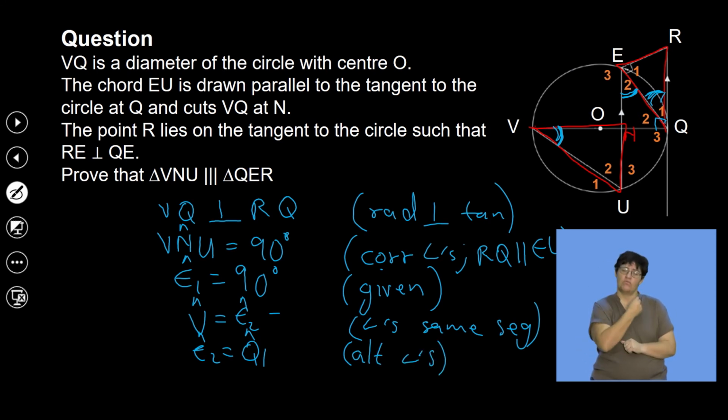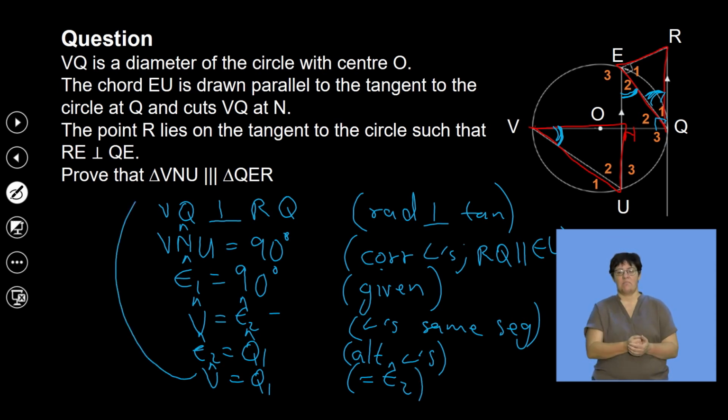I hope you are enjoying it as much as I am. And then because of that, I can claim that V is equal to Q1, and the reason for that is both of them are equal to E2. And then you can claim that the two triangles are similar after talking about the third angle that is equal, and then your reason will be angle, angle, angle, and therefore you will be done with that.